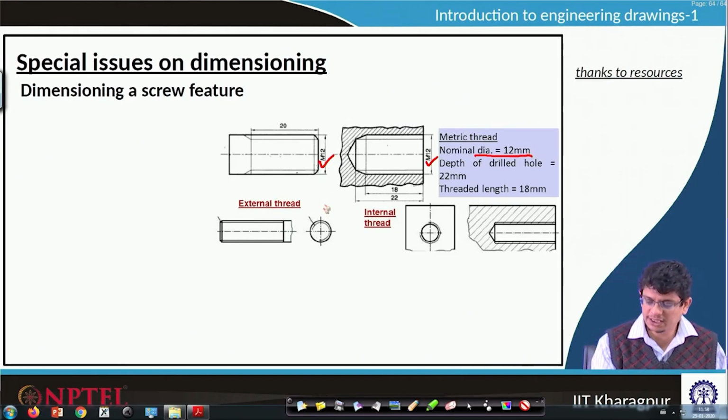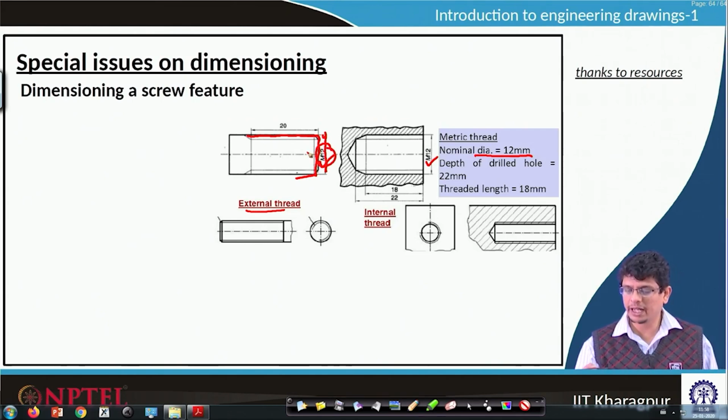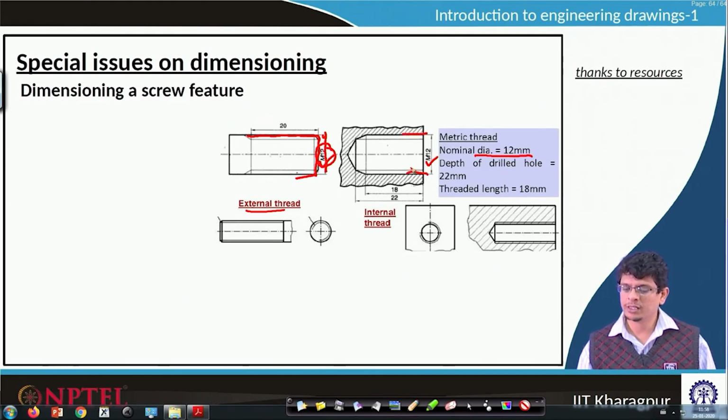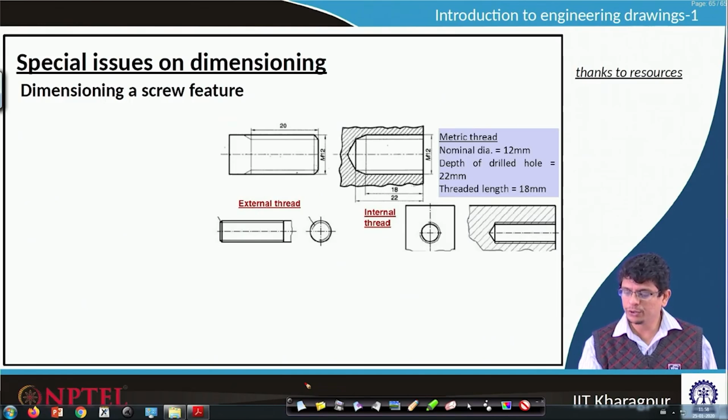If it is an external thread, we show it from the external side. This is the thread on which we have it. So, M12 we will show. If it is something like the white colored portion of the Reynolds pen, which has an internal thread, then in that case the internal portions we are going to show. Similarly, whenever threads, bolts, nuts and other things are involved, we usually give the depth of the drilled hole.